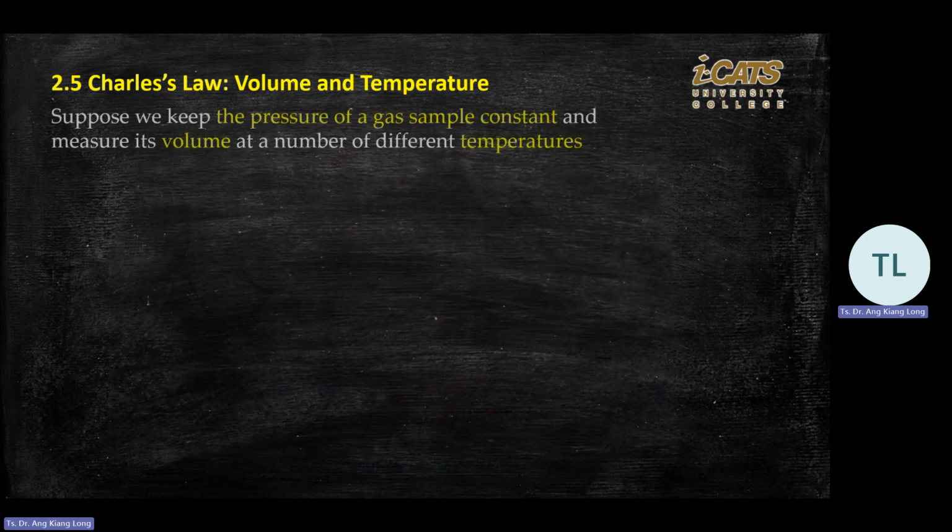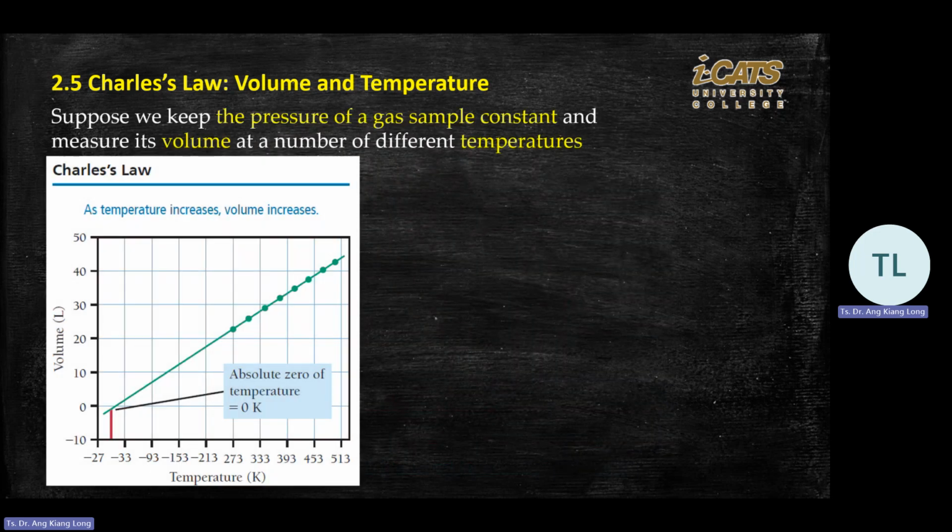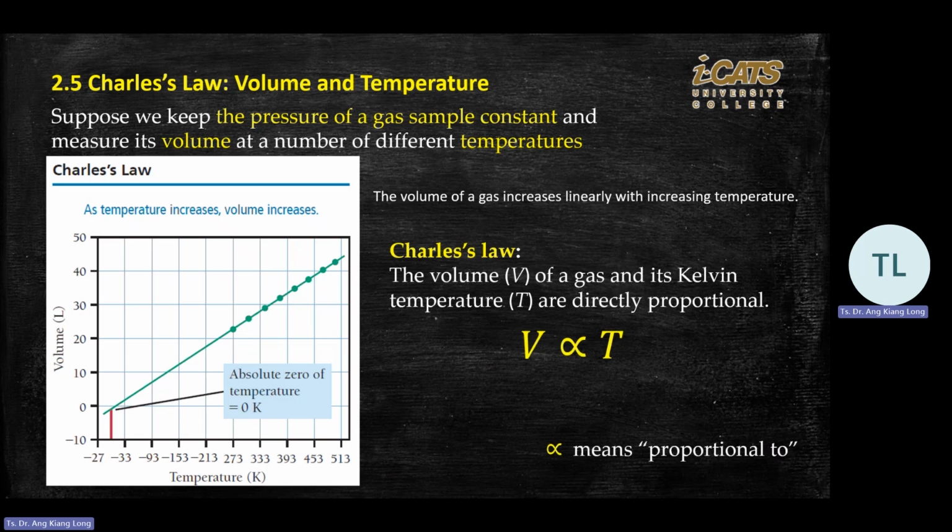All right. So this is Charles' law. As you can see, if you plot volume versus temperature, if you increase temperature, volume increases. At the end, we like equations. Charles' law gives you V proportional to temperature.